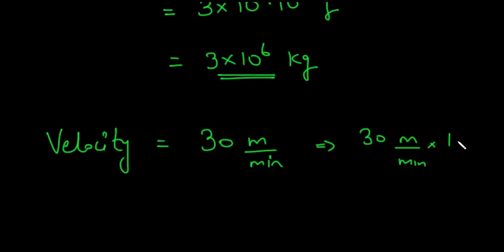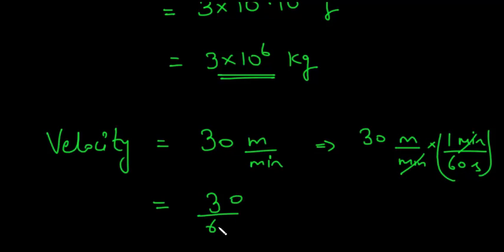To balance it out, 1 minute here, and to balance this out so that we get 1 here, 60 seconds. Minutes gets cancelled. So velocity is 30 divided by 60 meter per second, which is 0.5 meter per second.